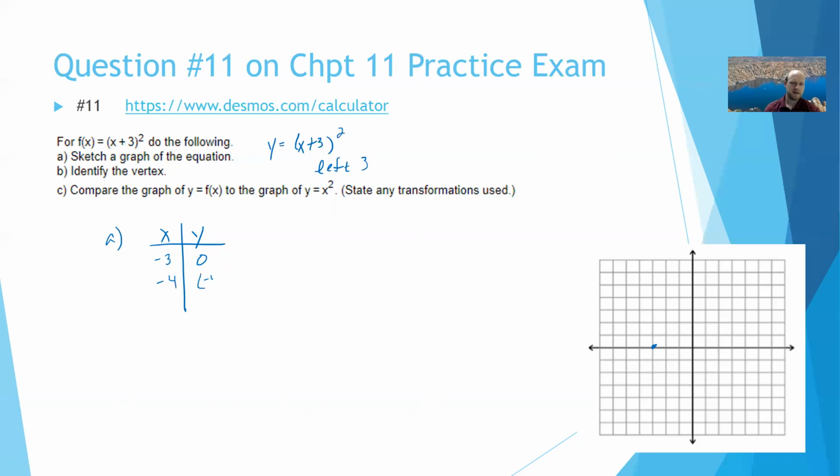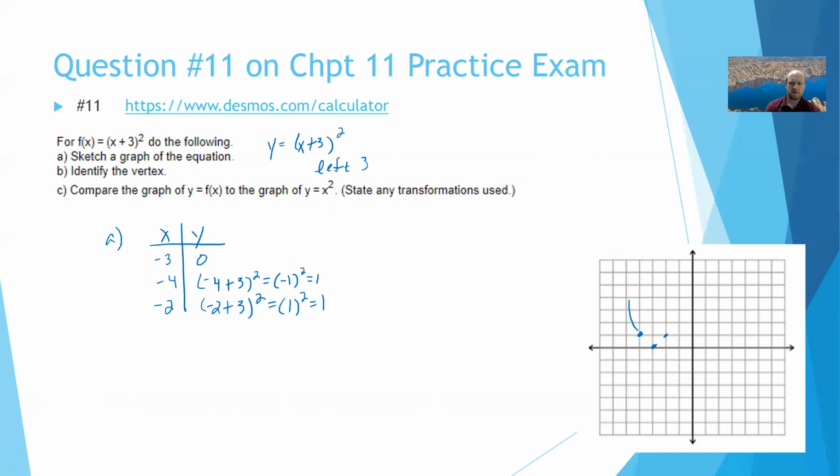Okay, so let's plug that into the original function. -4 plus 3 squared is equal to (-1) squared, which is 1. So another point here would be (-4, 1). And then maybe let's do -2. So it would be -2 plus 3 squared, which is also equal to 1. So here's our other point.